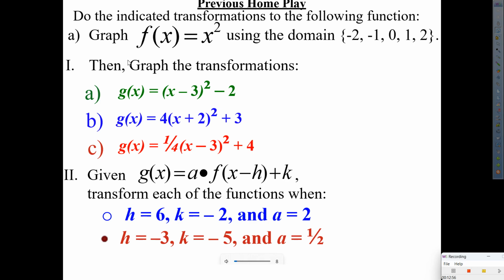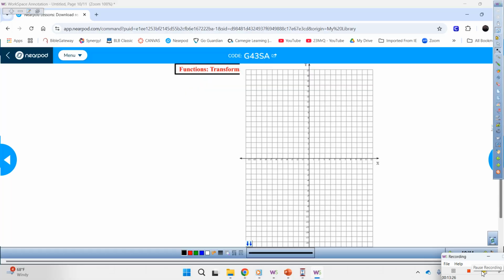All right, as you're copying that, here go the instructions. The instructions were, do the indicated transformations. And it says, graph f of x equals x squared using the domain -2, -1, 0, 1, and 2. By now, that should be automatic. And then from there, do these transformations. So we're going to do the red one. Are we there? Yes, Mr. Q. All right, let me forward to a graph. Give me a second. All right, there it is.